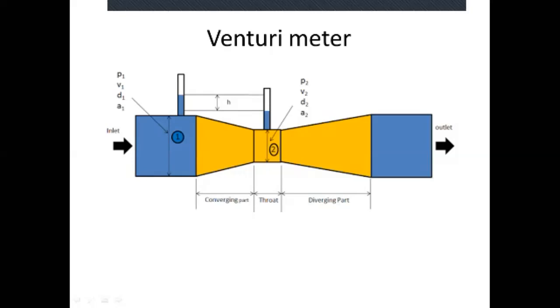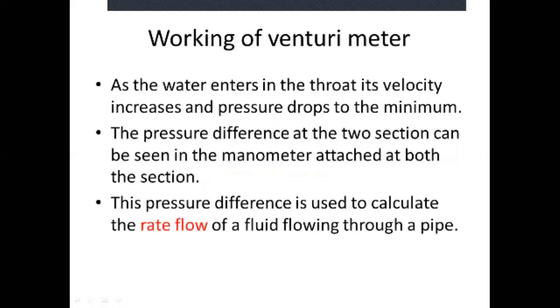So this pressure difference is what is used in the venturi meter to calculate the flow rate of the liquid flowing in the venturi. The working of the venturi meter is explained here. As the water enters the throat, the velocity increases and the pressure therefore drops to the minimum.